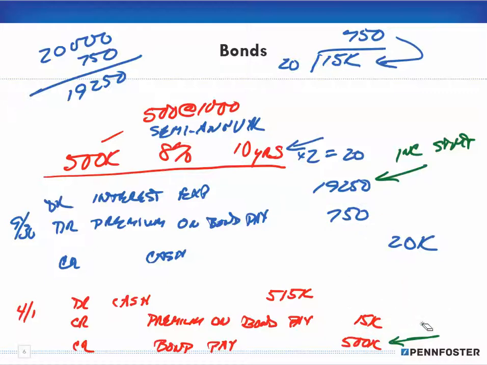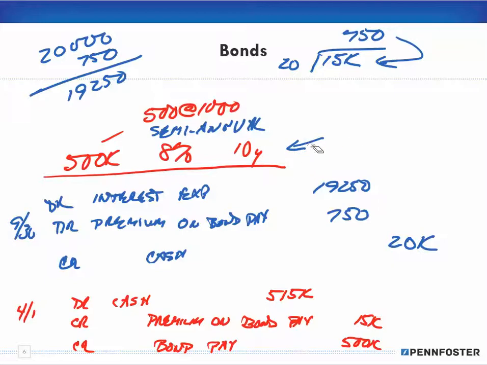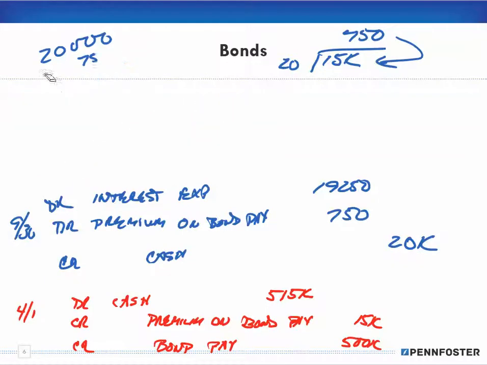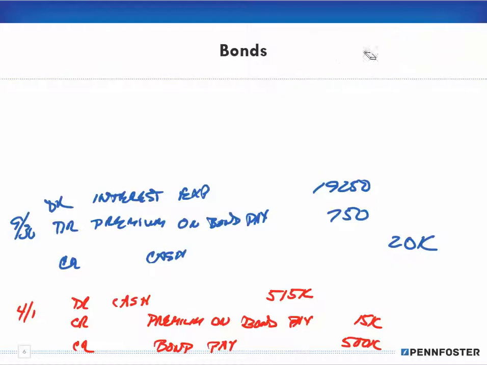So that's how you book your interest payments every 6 months, or whenever the interest payments become due. Okay.